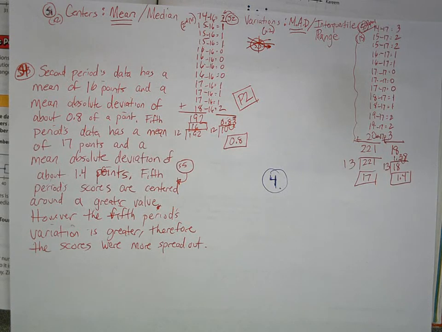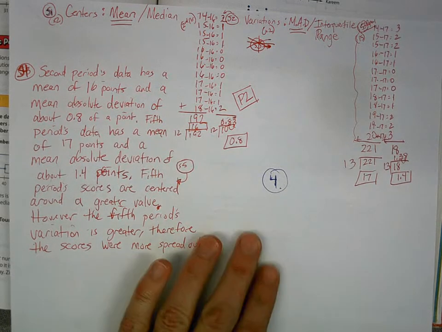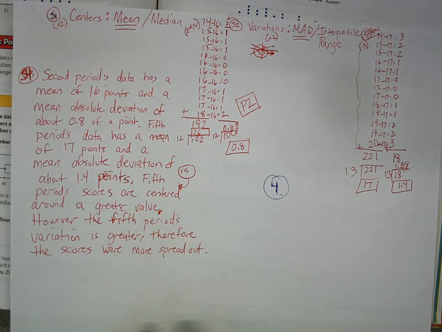I put girls have a mean of 65 inches, and then add 0.8 inches. Boys did have a mean of 69 inches and add 1.2 inches. I put the girls' data has a mean of 65 inches, and the mean absolute deviation of about 4.8. The boys' data has a mean of 69 inches, and the mean absolute deviation of about 4.8.